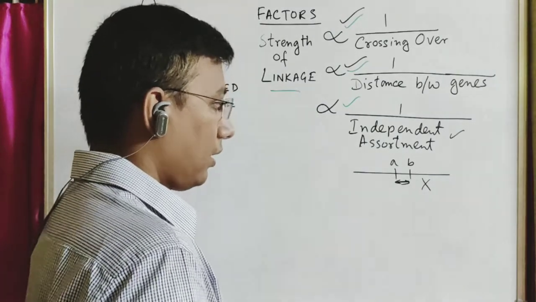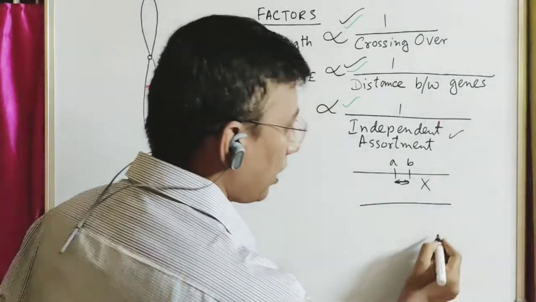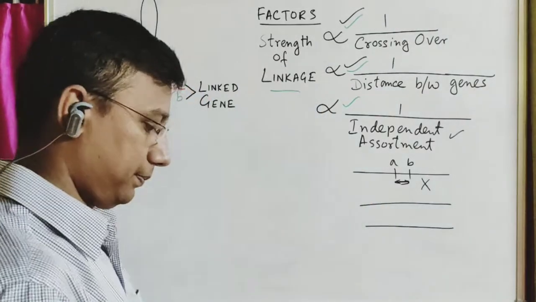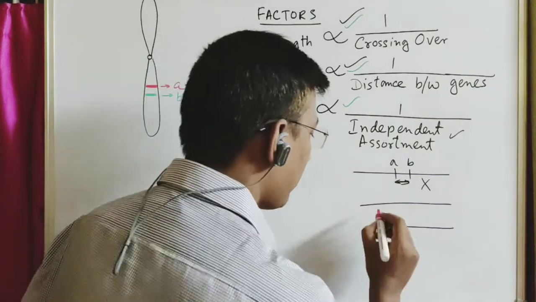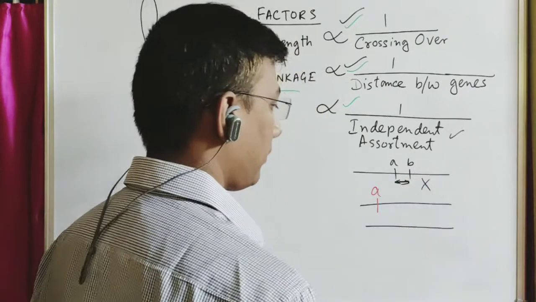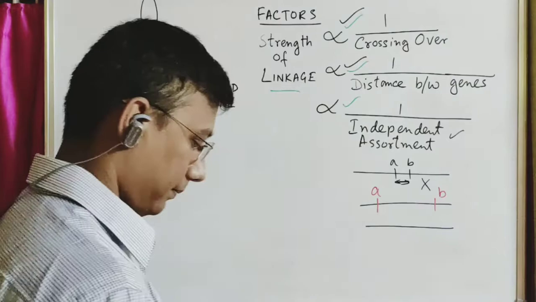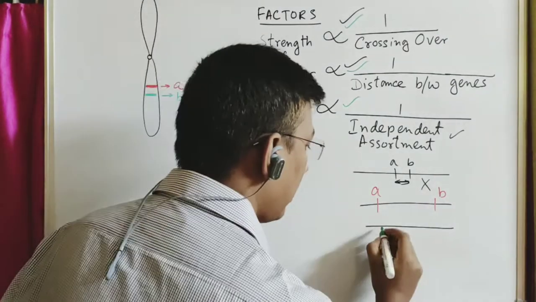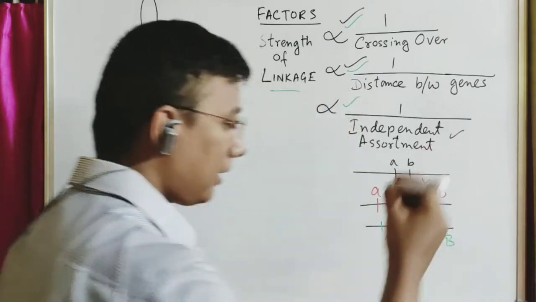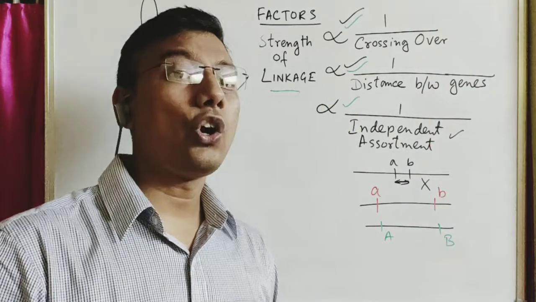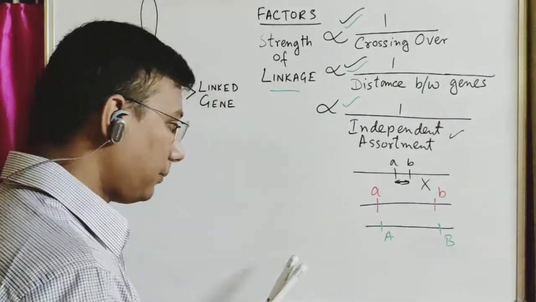If this is one chromosome, this is another chromosome, and here we can see that two genes are present, that is A and B. Here another two genes, that is A and B. If say they are not linked, what will happen?